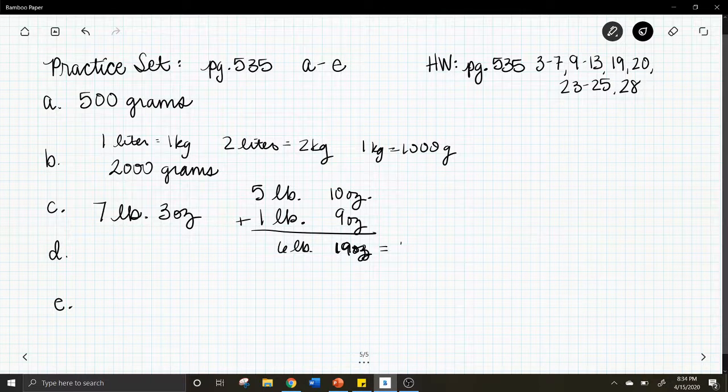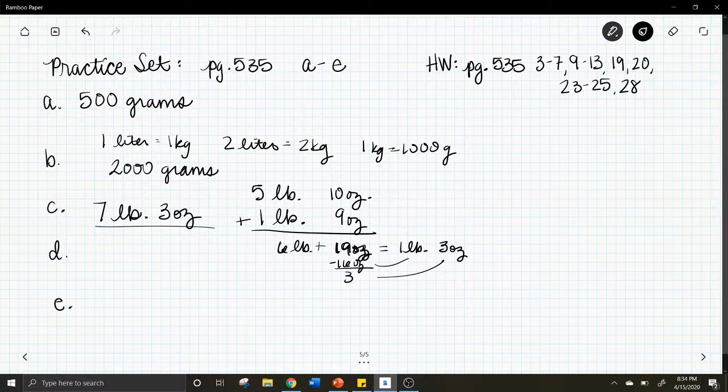We're going to break it down into 1 pound and 3 ounces. Why? Because we subtracted 16 ounces, that 1 pound, and we would have been left with 3 ounces. Then add that to your original. So 6 pounds plus 1 pound and 3 ounces is 7 pounds and 3 ounces.